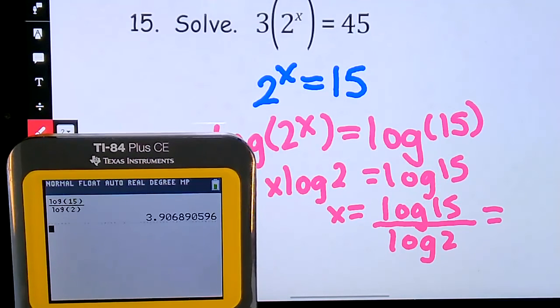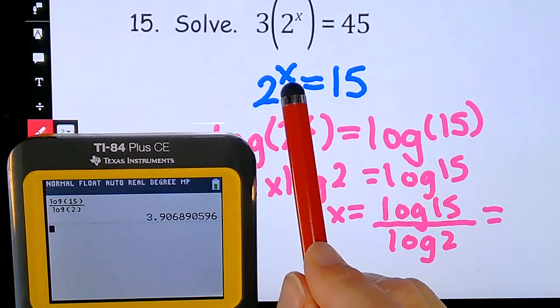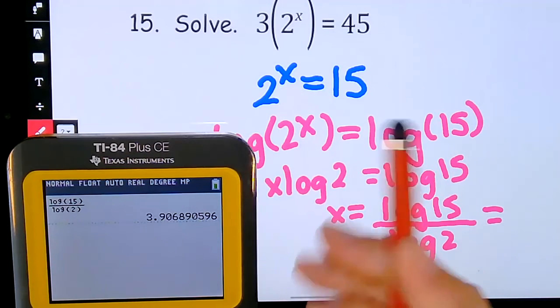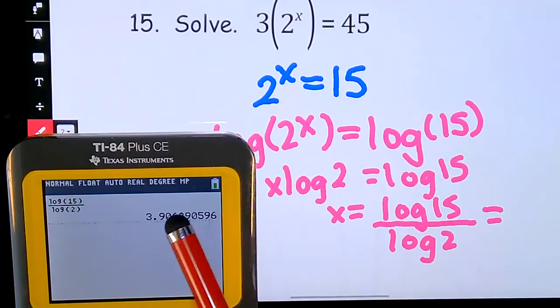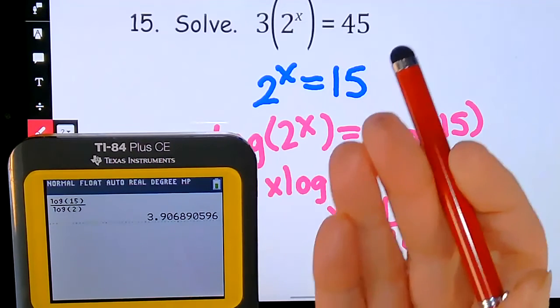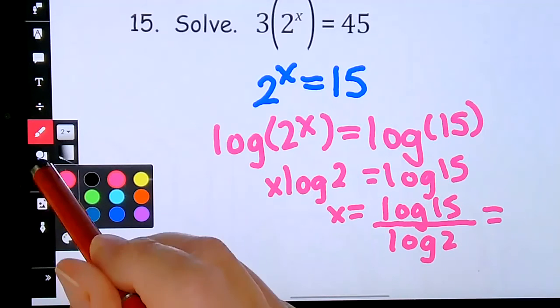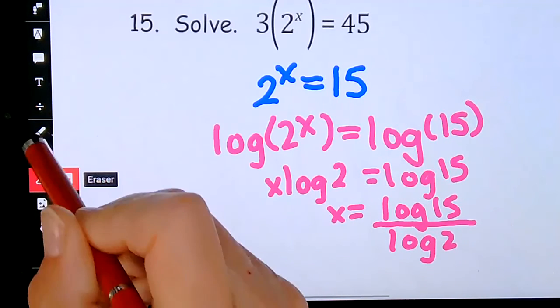And you can kind of reason through this. 2 to the third is 8, 2 to the fourth is 16, so it should be in between 3 and 4, and you see it is, and it's closer to 4 because it's closer to 16 than it is to 8. So this is going to be about 3.91.